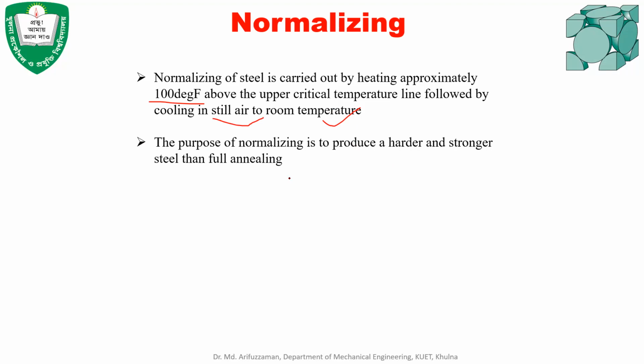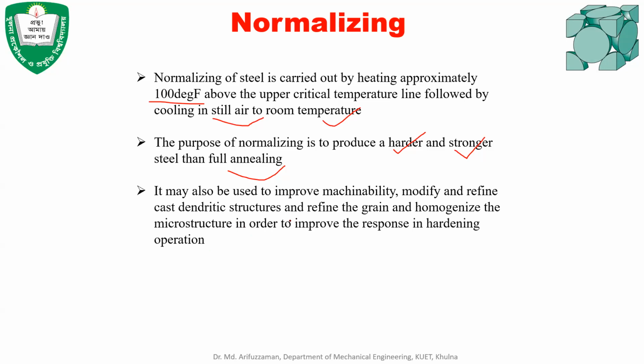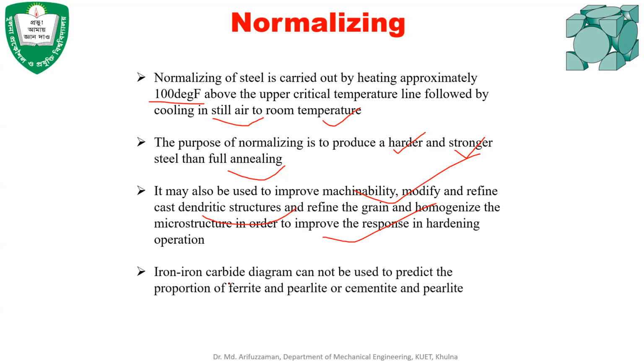In full annealing, you get a softer structure, but in normalizing, since the cooling rate is a bit higher, you get a harder or stronger steel than full annealing. It may also be used to improve machinability, modify or refine dendritic structure and other internal grain structure, and also improve the response in hardening operations. The iron carbide diagram cannot be used to predict the proportion of ferrite, pearlite, or cementite.